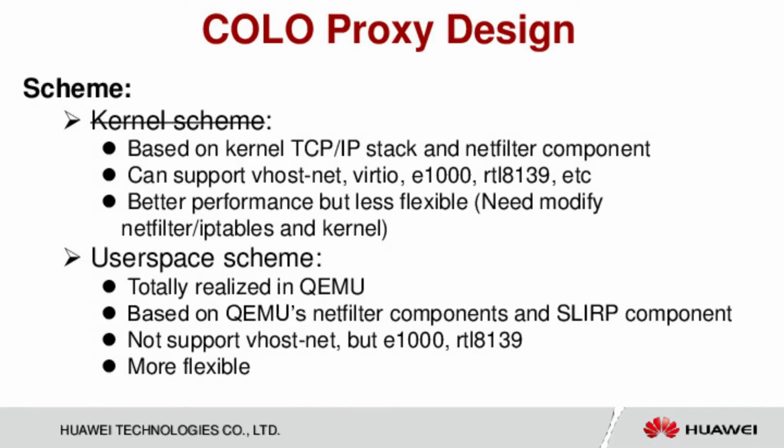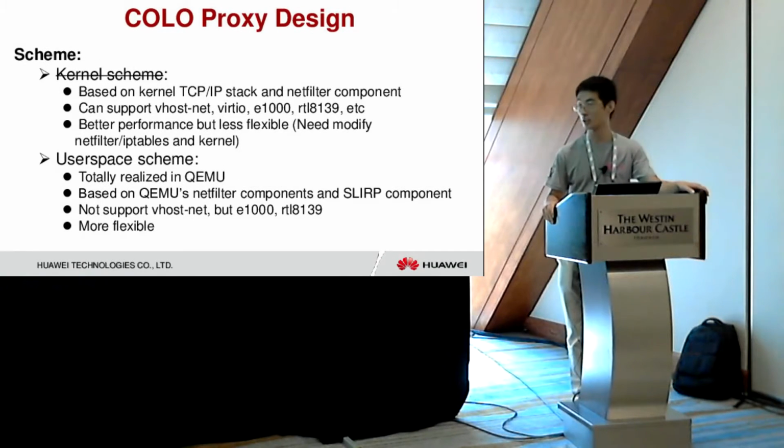Okay, here is the COLO proxy design. We know that the main characteristic of COLO is that it uses the network packet comparison result to determine whether or not to do the checkpoint. So the design of the COLO proxy is quite important.